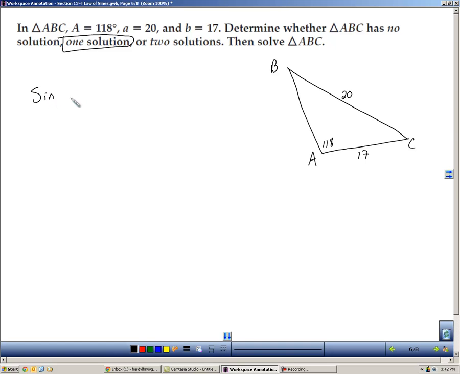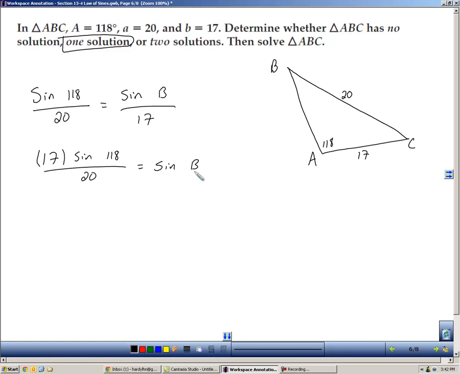So I'm going to take the sine of angle A over 20, and I'm going to set that ratio equal to the sine of angle B over 17, because I know what 17 is, I don't know what angle B is. So using cross multiplication, I end up here.